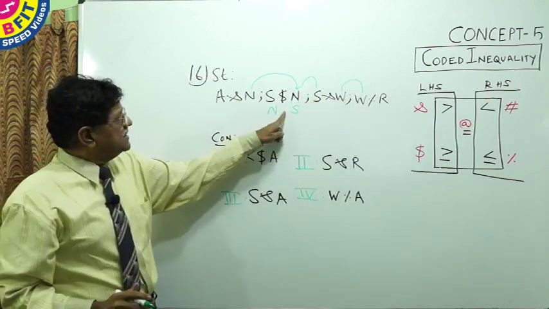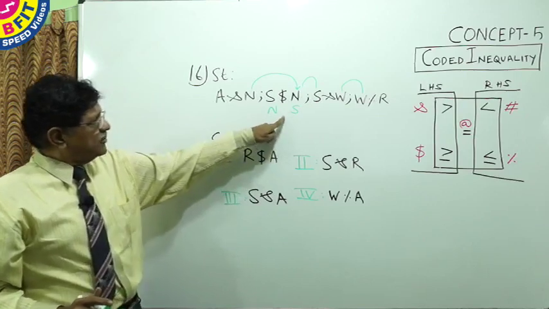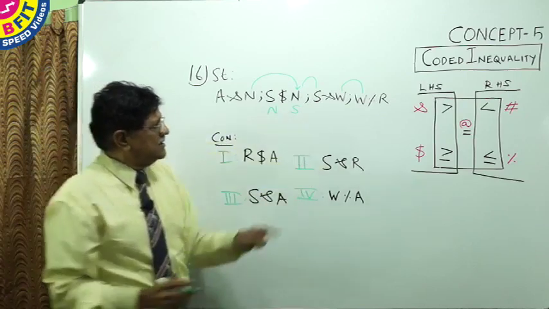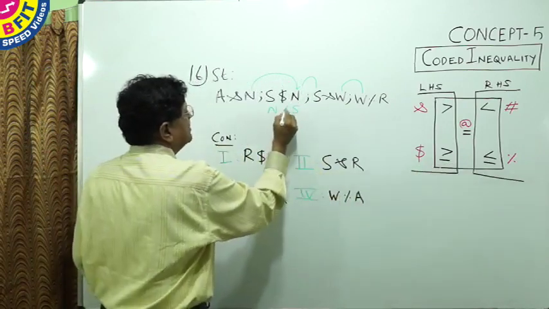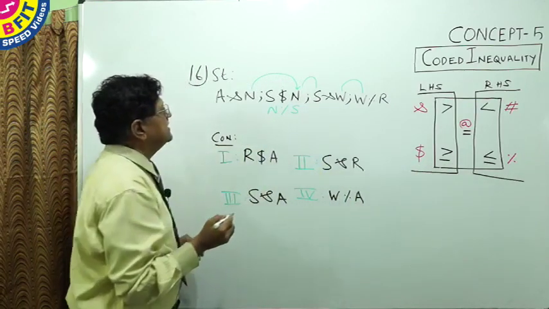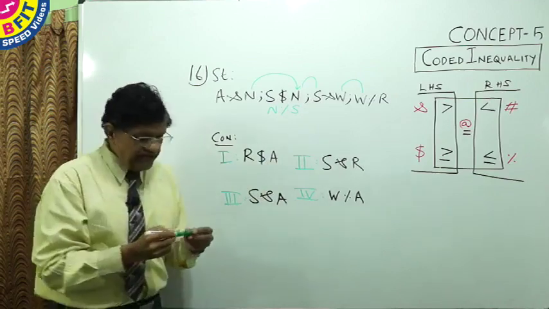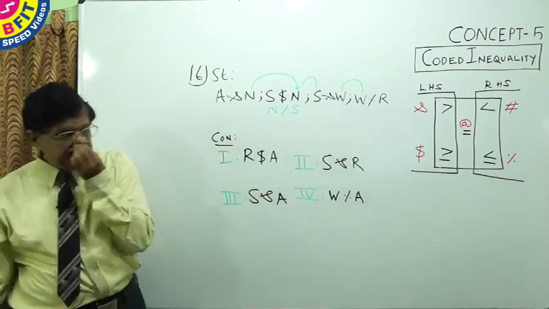So here S dollar N, what is the opposite for dollar? Look here in the magic box, opposite is percentage. So N percentage S. If you convert it, then we can combine this into a single statement.